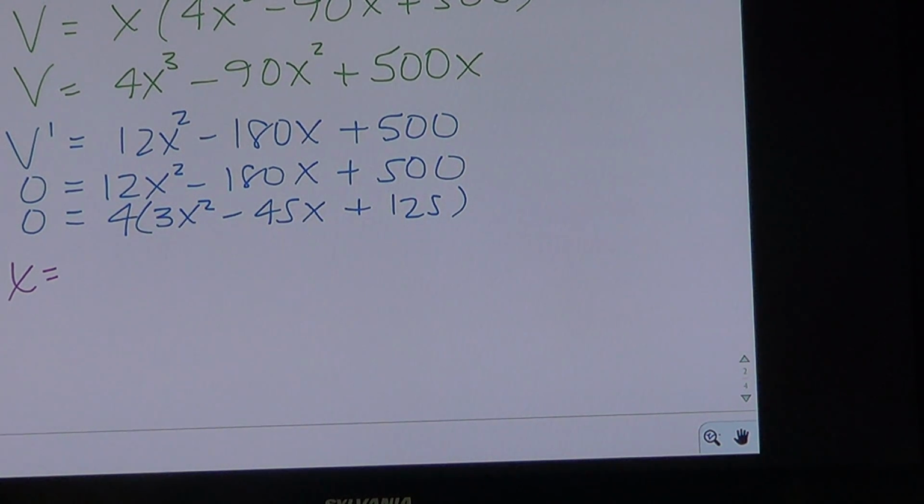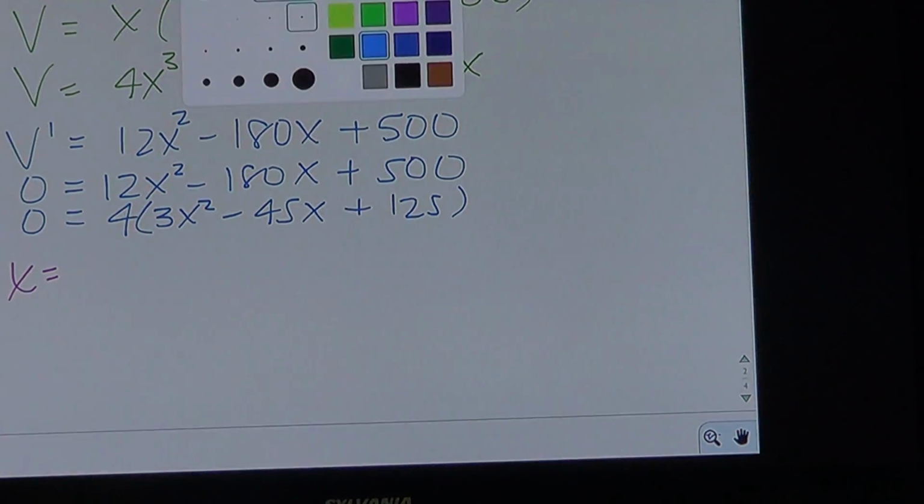Does 12 go into all this? No. Okay, that'll make it a little bit smaller.